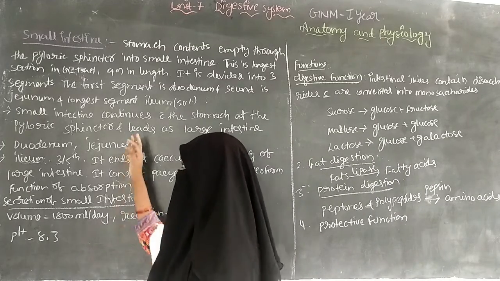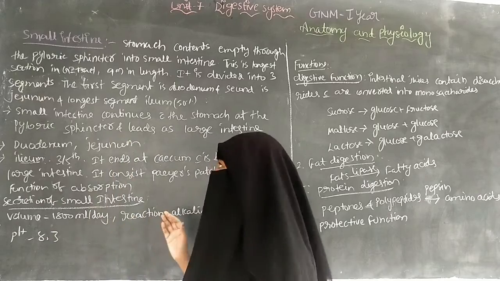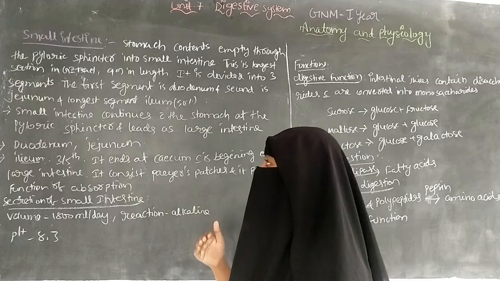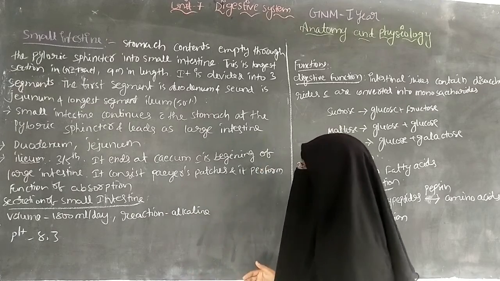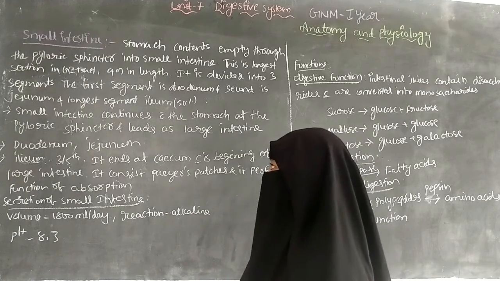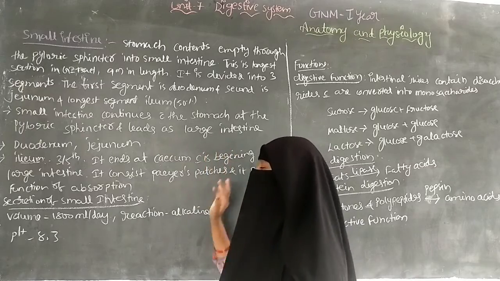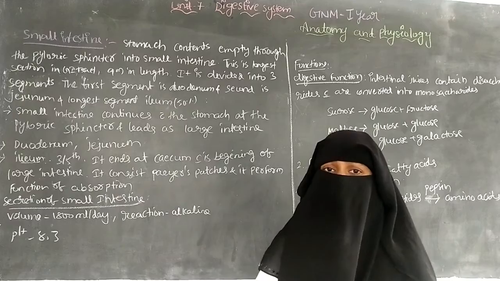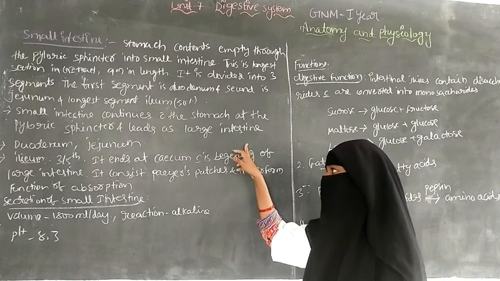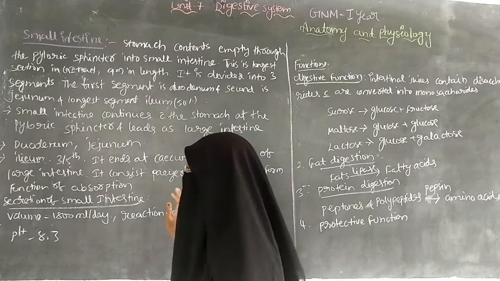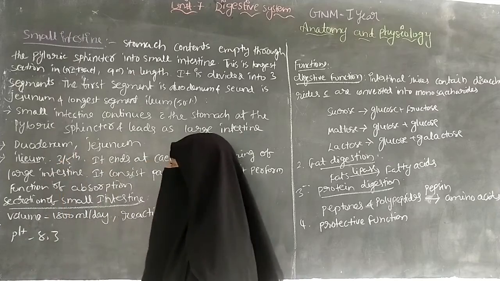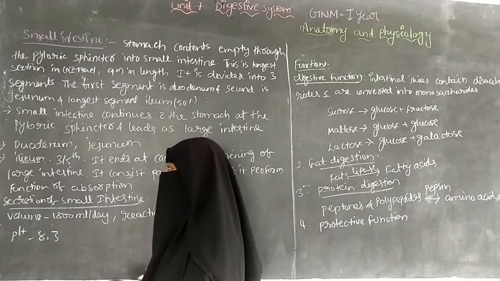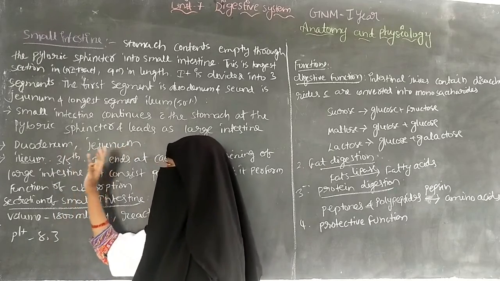So the small intestine is continuous with the stomach. After the stomach, at the pyloric sphincter, it continues as the small intestine, and after that comes the large intestine. The small intestine consists of 3 segments: the duodenum, the jejunum and the ileum.